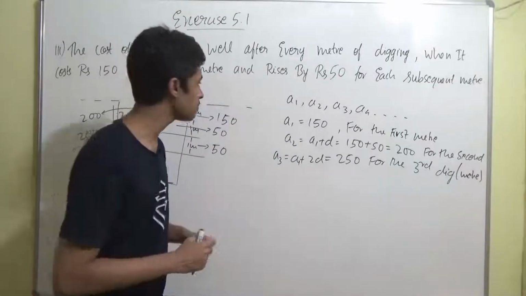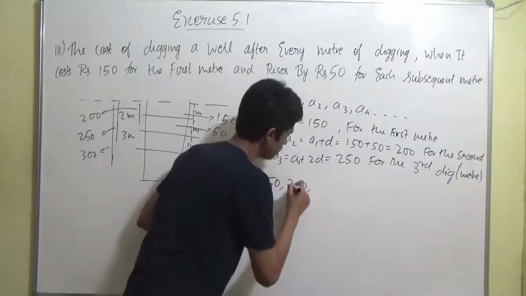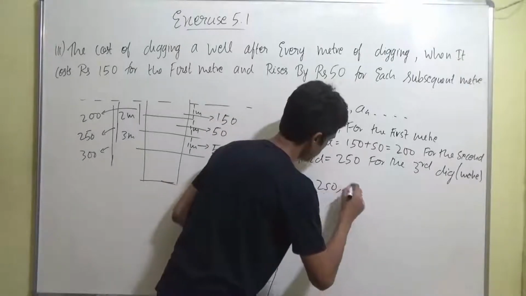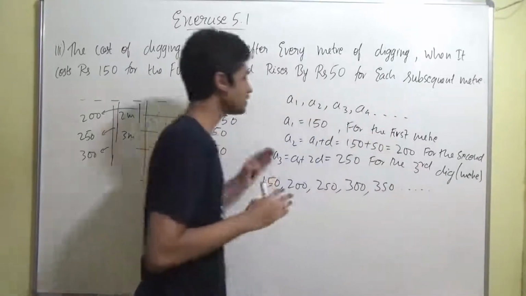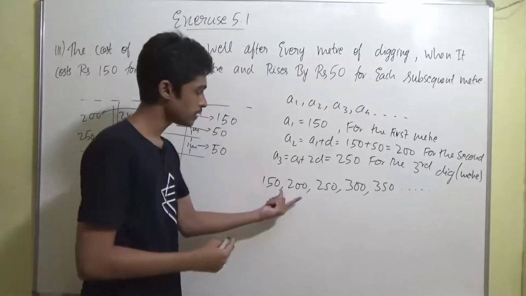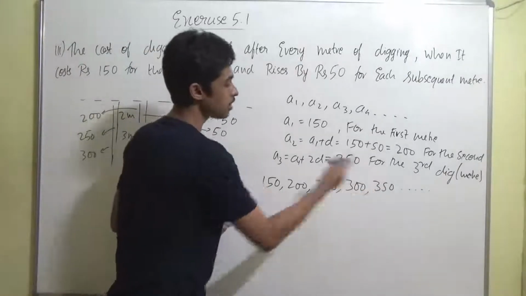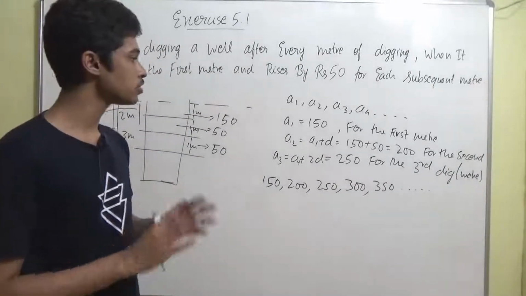So if you see the AP pattern, guys, it's like 150, 200, again plus 50, 250, 300, 350 and so on. So if this is the AP, A is going to be 150 and D is going to be the difference between them, that is 50, constant in all terms. The difference between the succeeding and the preceding term is constant, guys.